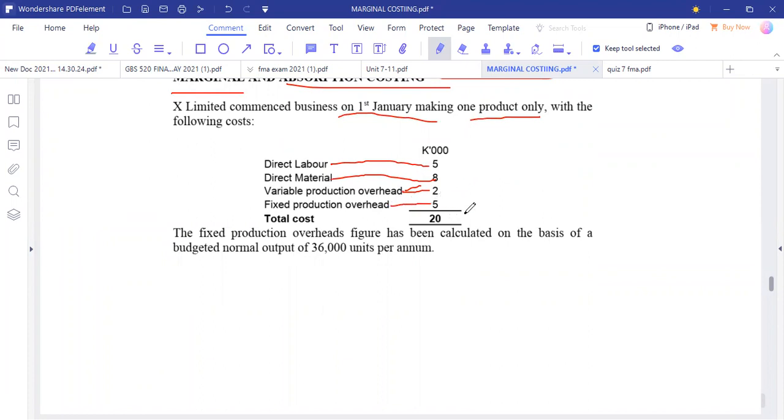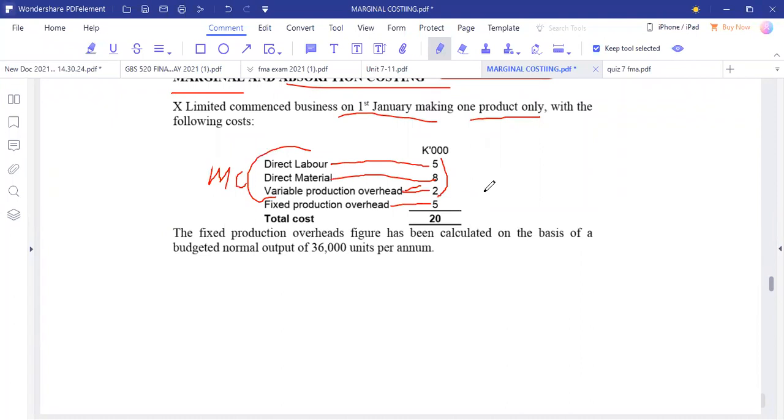Now this 20,000 simply indicates the full product cost per unit of this product we're looking at. But these other three constitute MC, which is the marginal costing. So in the marginal costing aspect, we are only going to consider 5, 8, and 2.